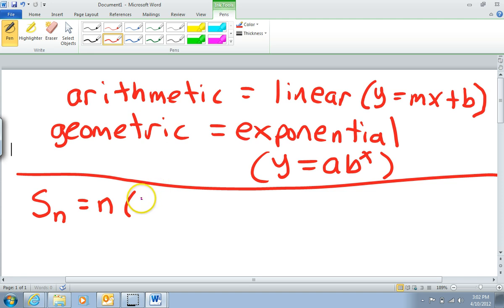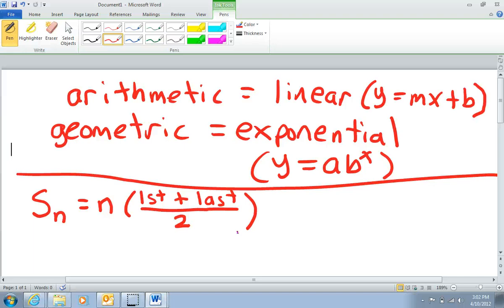But I'll go ahead and say now, we would always do the first term plus the last term, divided by 2. Because that's how you find the average of two things: you add them up and divide by 2. So this is the formula for finding the sum of the first n terms of a sequence.